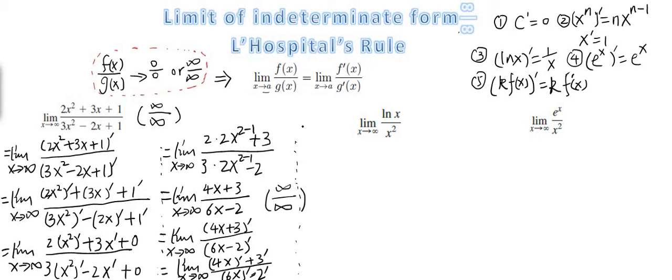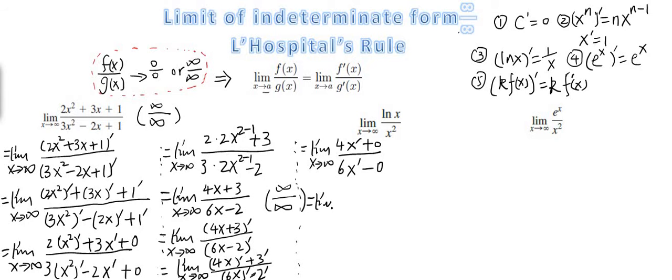So we have x approaches infinity, and here we have a constant, right? We keep the constant the same, follow rule number 5, and then only do the derivative for the x, and for the second term it is 0. And similarly, for the denominator, we have 6x prime minus 0.